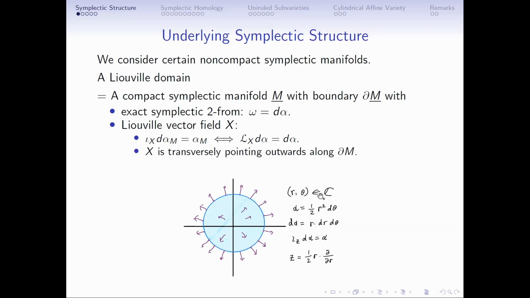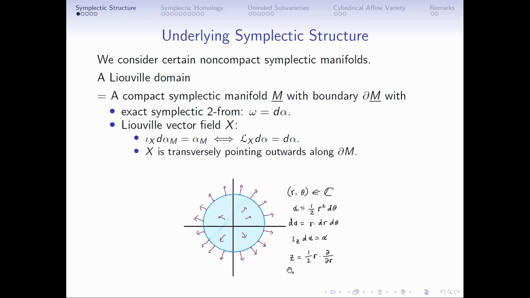For example, consider the complex plane and polar coordinates r and theta, and consider the one-form alpha equal to r squared d theta, so our symplectic two-form d alpha is r dr d theta. Let's find the Liouville vector field: we plug it in and it gives us alpha.